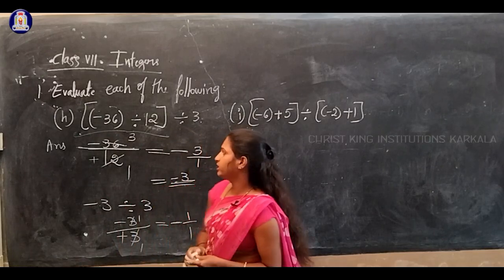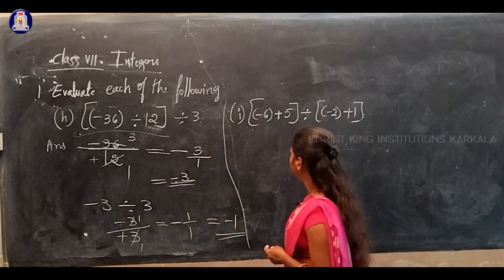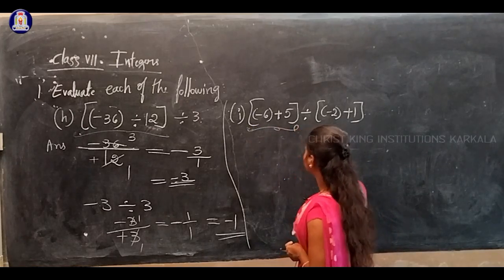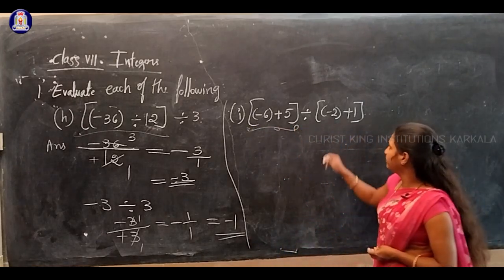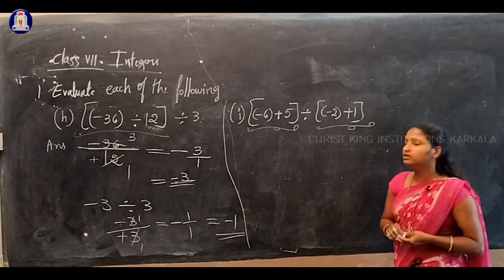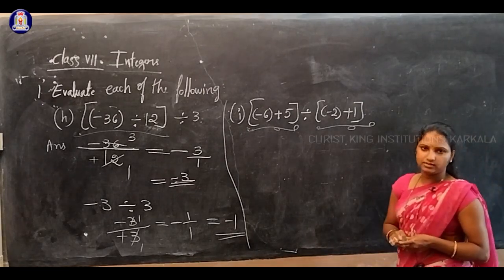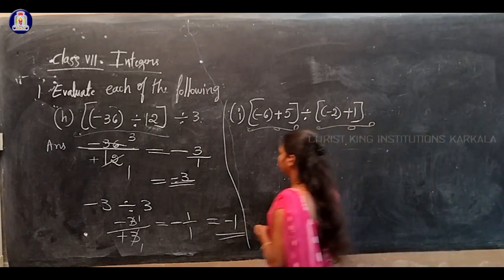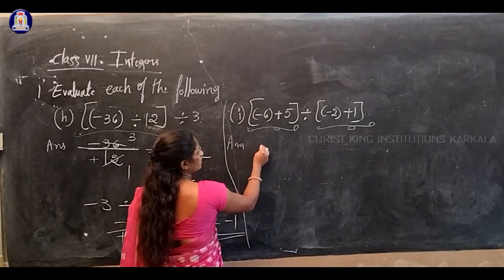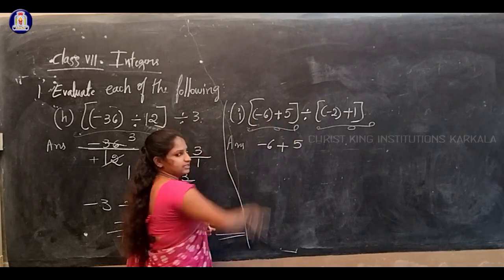Okay. Now next, see I question. Question number I. Minus 6 plus 5 divided by minus 2 plus 1. So how to divide? See here. Minus 6 plus 5, first simplify this.